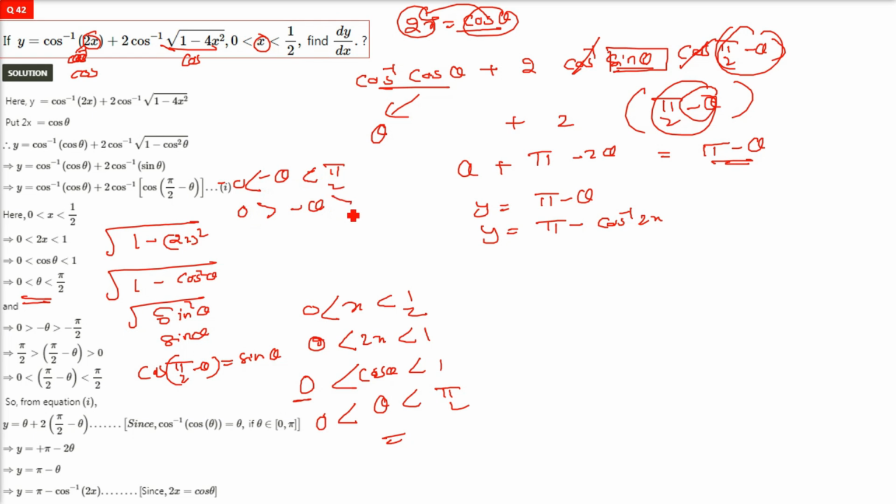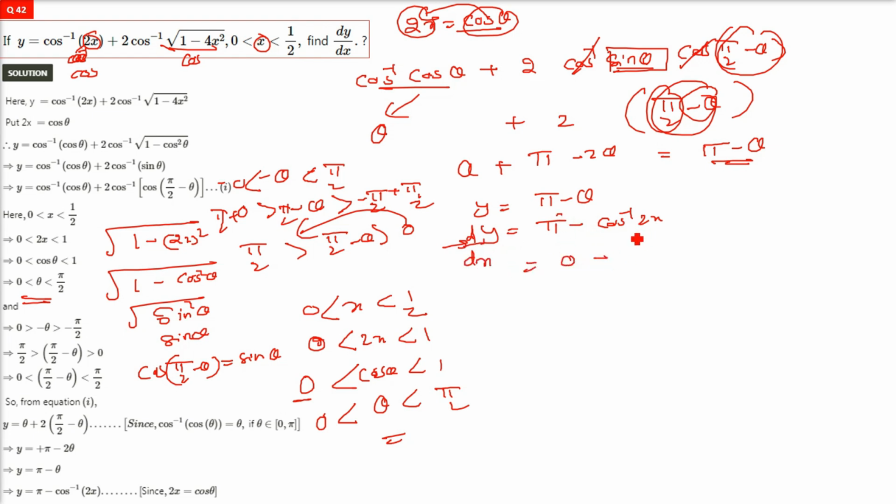Minus theta, here also minus pi by 2. Now we need pi by 2 minus theta, so just add pi by 2 everywhere. Okay, this is pi by 2, this is going to be pi by 2 minus theta, and this is going to be 0. Again, pi by 2 minus theta is between 0 and pi. It is between 0 and pi by 2, and we needed it for 0 to pi, and that is also correct. Now let us take dy by dx.